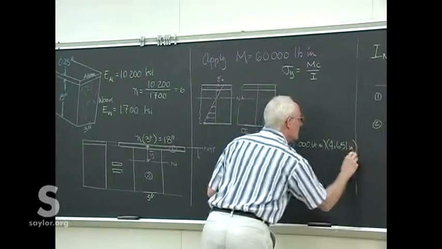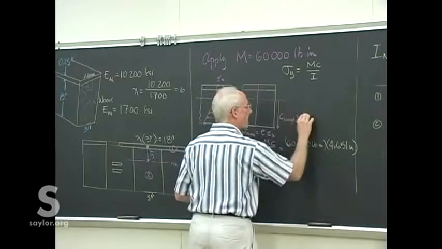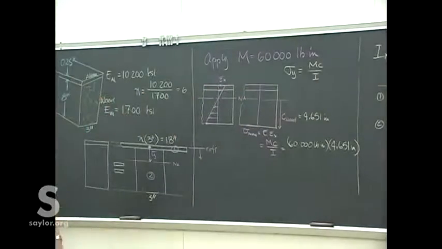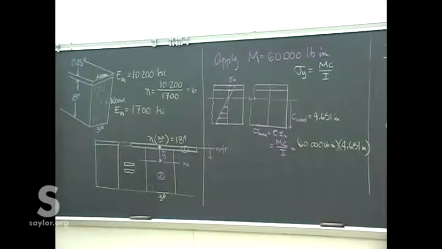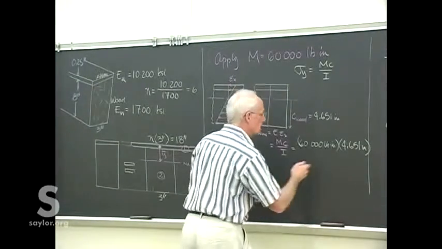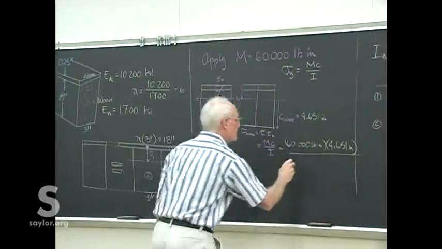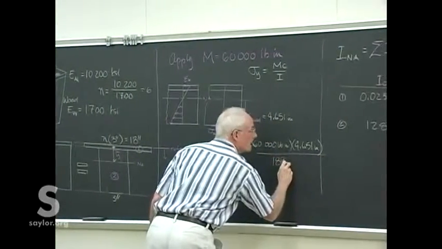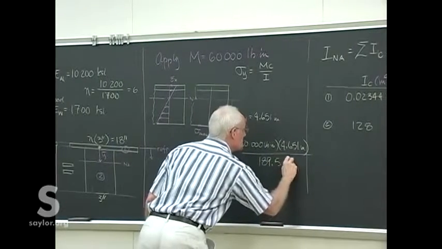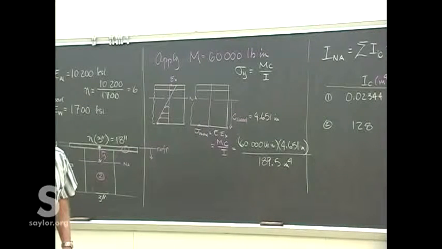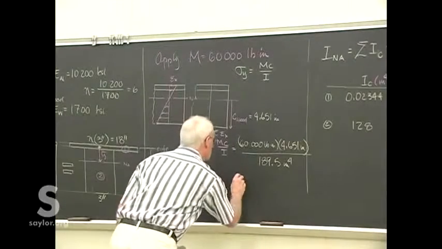And that's inches. That's how far the farthest away piece of wood is from the neutral axis, and divided by the 189.5 inches to the fourth, and we're left with good units, PSI. And it's 1473 PSI in the wood.